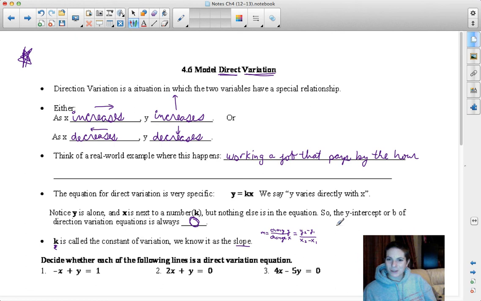My reminder is going to be that k is just like slope, except now we can really put y sub 2 over x sub 2. And I'm going to make myself a little note.